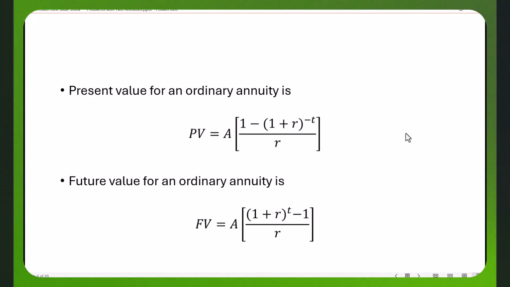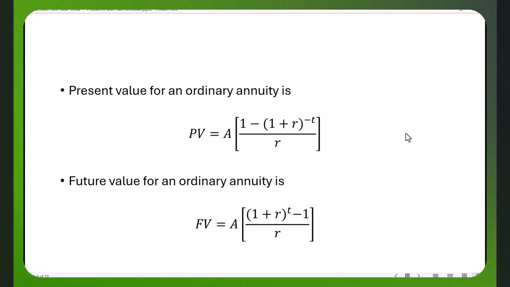Note that r is the interest rate, t is the number of periods, and the interest rate should be in decimal form. So if it's 7%, it should be 0.07. For the future value of an annuity, the term in the brackets is (1 plus r) raised to the t-th power minus 1, divided by r.